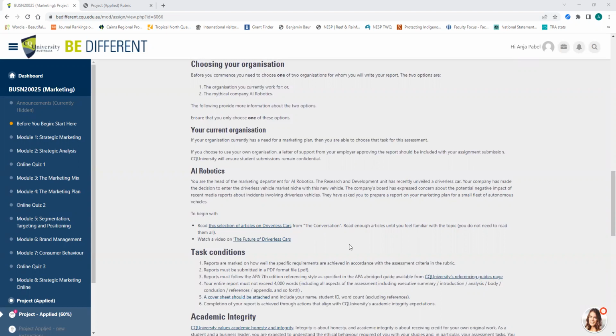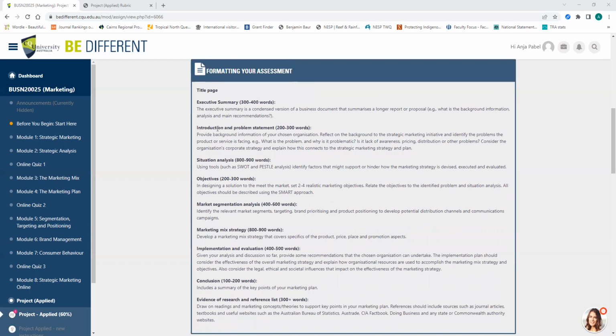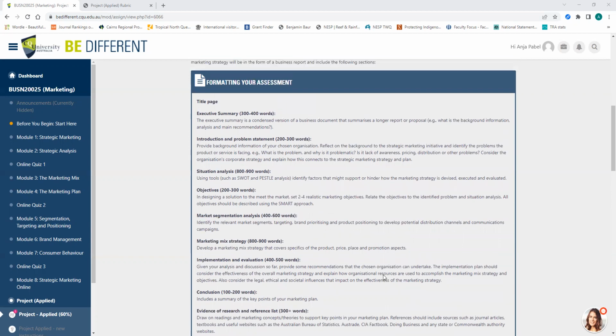Try to make sure that you use appropriate headings and subheadings to guide your reader, to guide your marker, which is obviously quite helpful in taking them through a journey. And feel free to use the structure here that is clearly outlined as part of your task description. Feel free to use those headings and subheadings in your report.